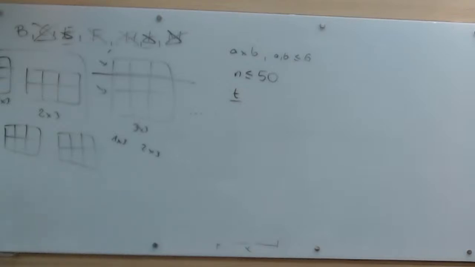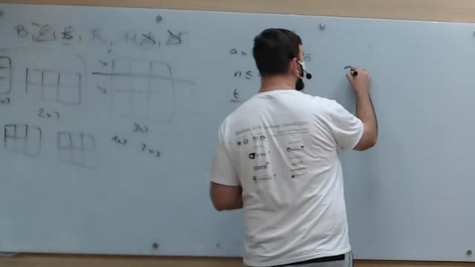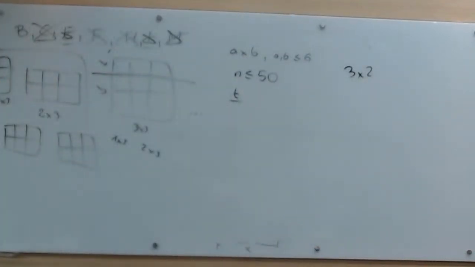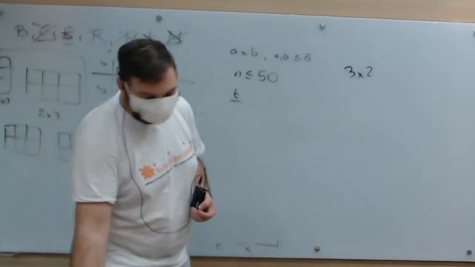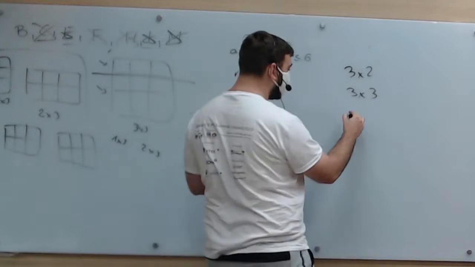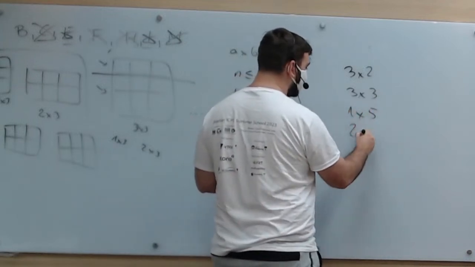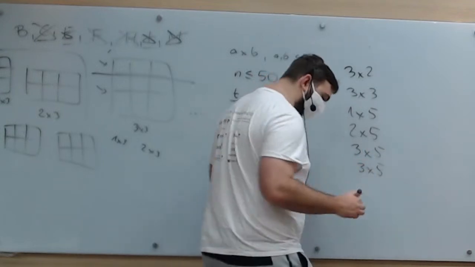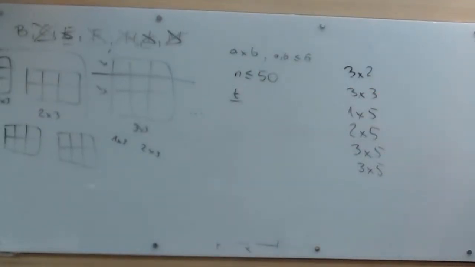Okay, so let's consider 3/3, 1/5, 2/5, and then 2 times 3/5. So as I said, the very wrong assumption is that we can say that this will be one collection and this will be the other collection. But this is not the case.